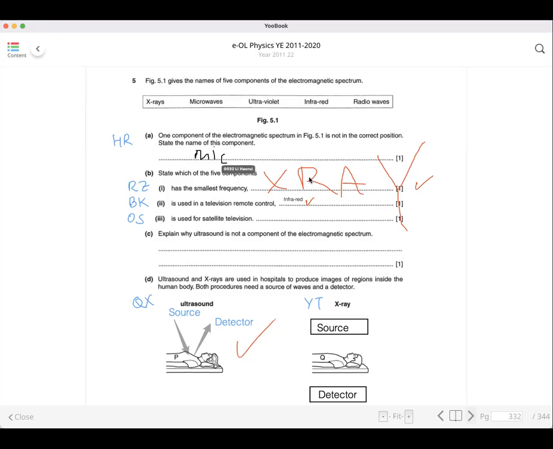Oscar, can you write it down on the paper? Okay, very good. Yiting, where is your arrow? Oh, you didn't see the question.